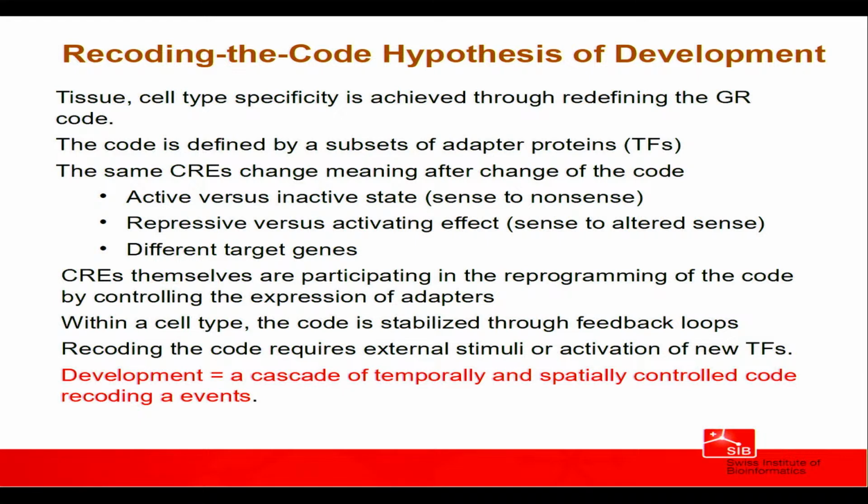So the code must be stabilized between feedback loops, between CREs and adapters. And typically, the recoding of the code requires some stimulus or the activation of new genes. And we can actually view development as a cascade of temporally and spatially controlled code recoding events.